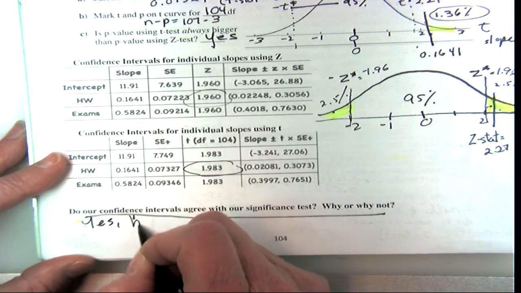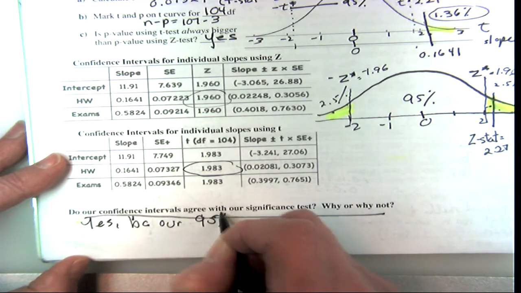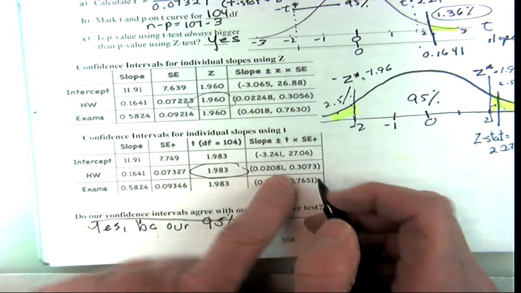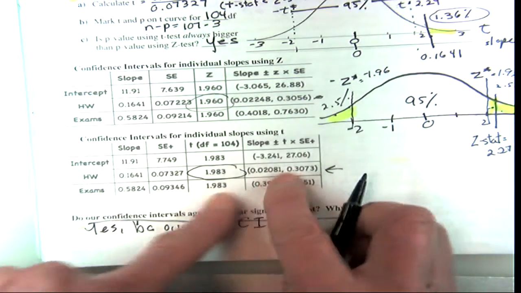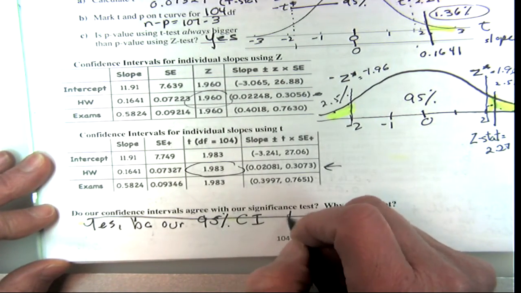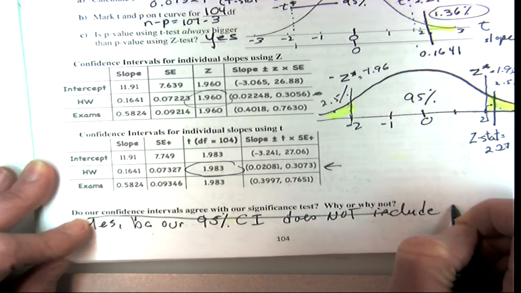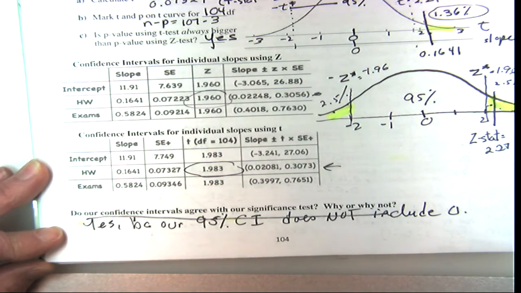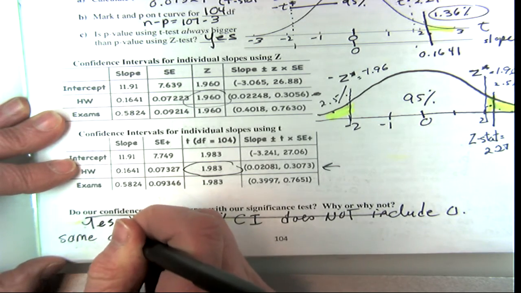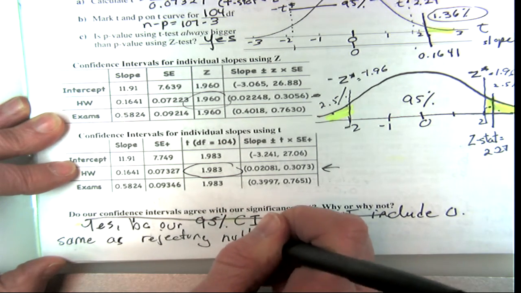Yes. Because our 95% confidence interval, either one of them, does not include 0. Look, they don't include 0. 0's on this side, right? So that's the same thing as rejecting the null, that our slope is equal to 0.